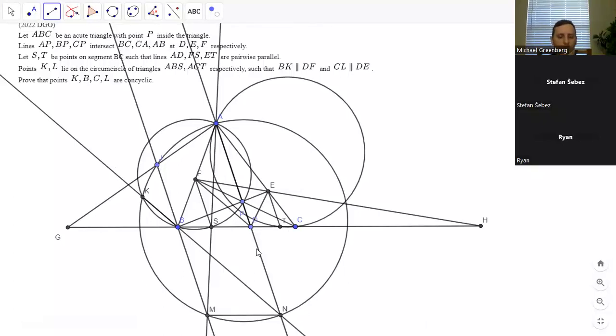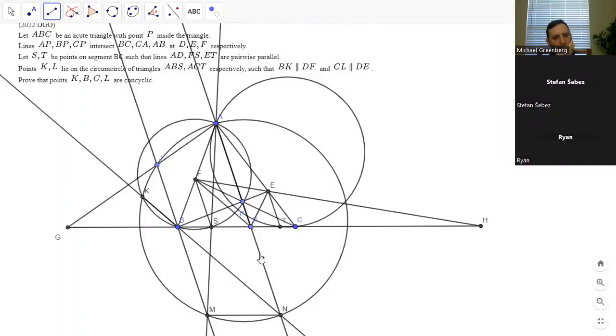And because of that, we have that AMN is ASD, which is equal to AKB. So basically, we know that AKMN is cyclic. And there was some symmetry which proved that AJMN is cyclic also.